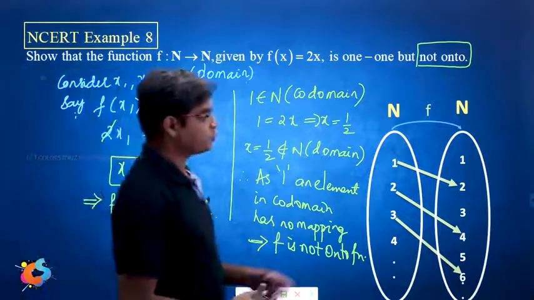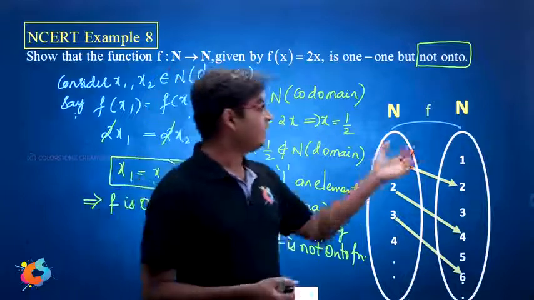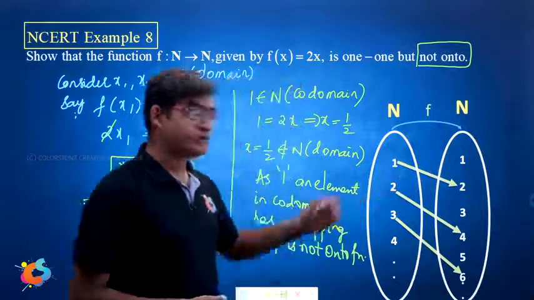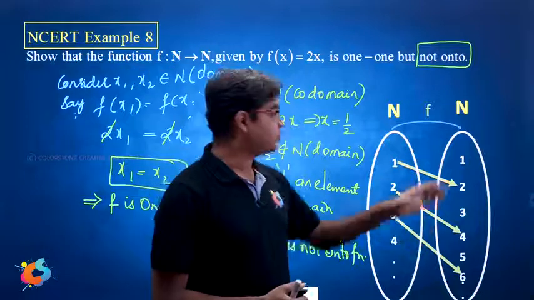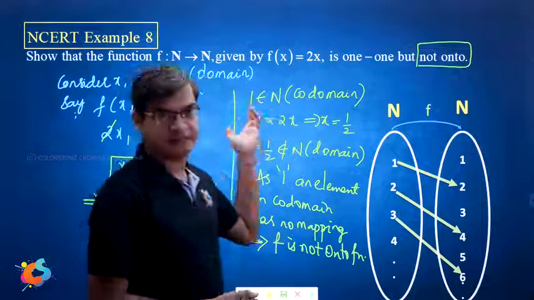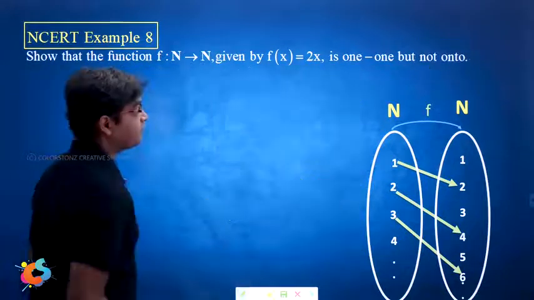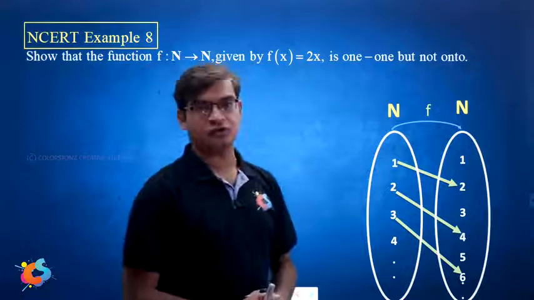So we have shown a specific case where an element is a part of the codomain and there is no element in the domain corresponding to this element 1. You could have taken 3, 5, 7, anything. So this is how we have proved that this is a 1-1 function, but not an onto function.